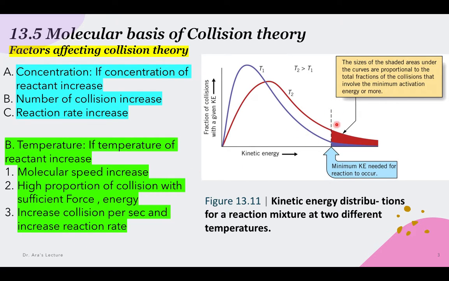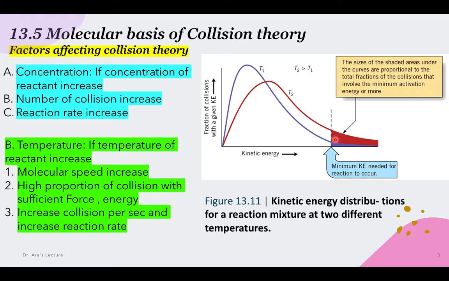If we look at this fraction of collisions and kinetic energy curve, we can see there are two curves: high temperature, T2, and low temperature. Pointing out here, this shows the minimum energy that we need for the reaction to occur and make a product.